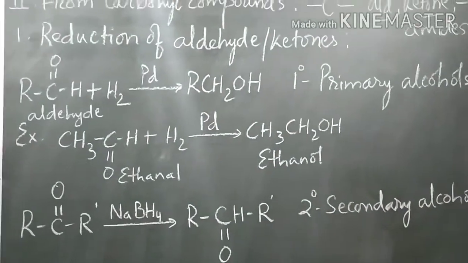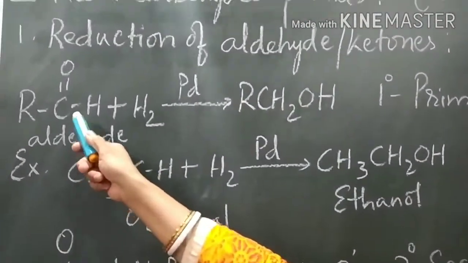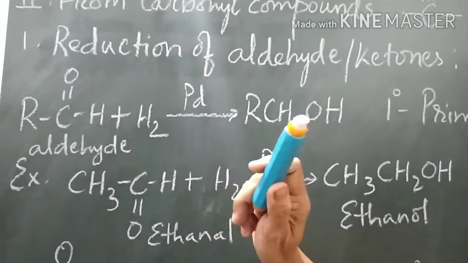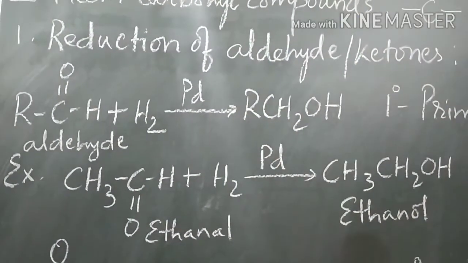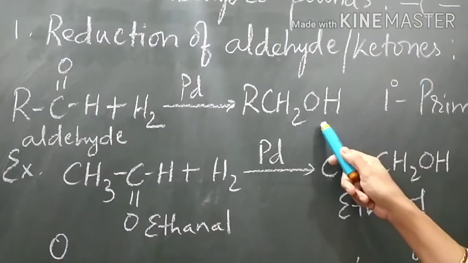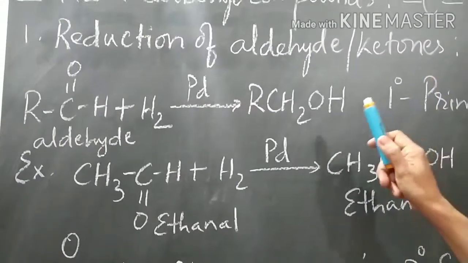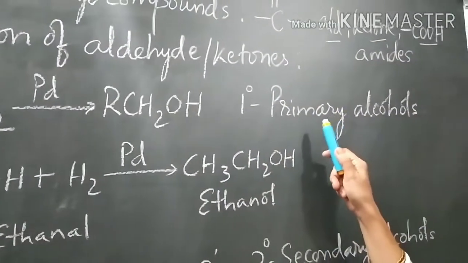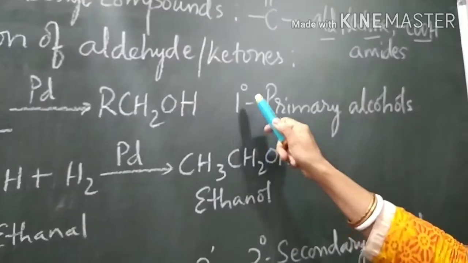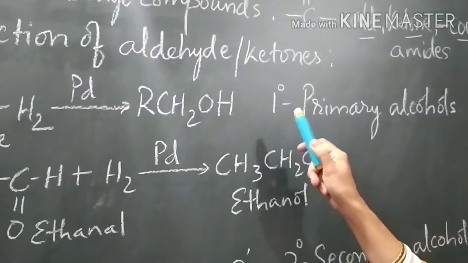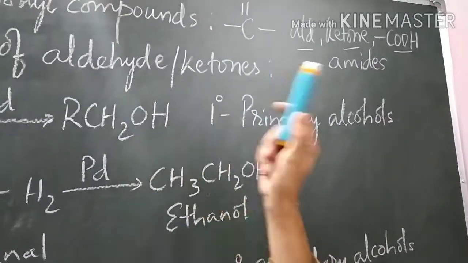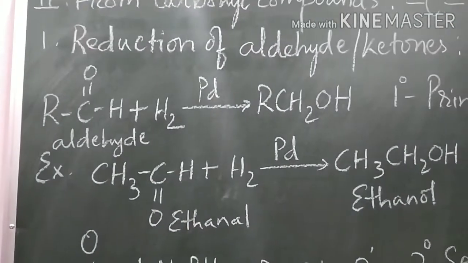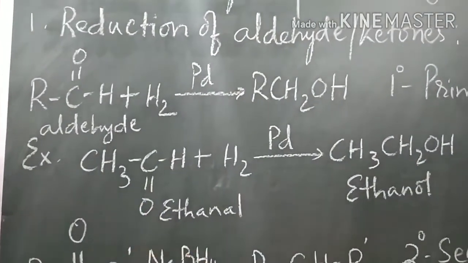By reduction. When the respective aldehyde is reduced with hydrogen in the presence of palladium as catalyst, the respective alcohol is formed, but the alcohol is always a primary alcohol, that is a first degree alcohol. So the OH group will be attached to a primary carbon. Here I have illustrated with one example.